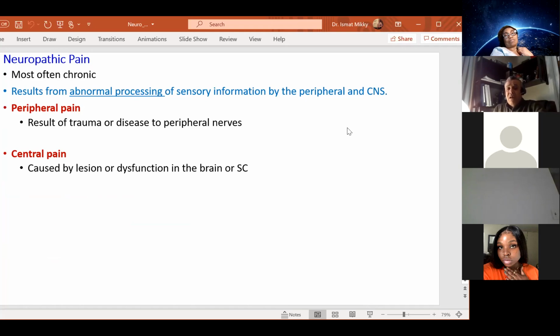Diabetic neuropathy is a form of neuropathic pain in patients with diabetes, and that will be treated differently than the acute or chronic pain. Patients with neuropathic pain will be treated with an anti-epileptic drug, one of the most effective, called Neurontin, gabapentin.